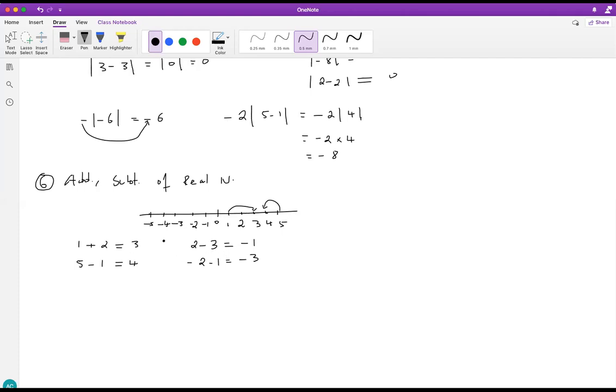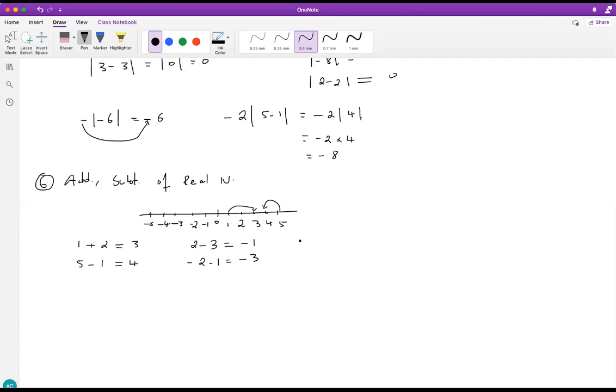This is all you need to know for addition and subtraction rules. There's nothing else to it. These are pretty straightforward, but these can be confusing with these minuses. This is what we call signed numbers. If you ever get confused again, just make a number line.